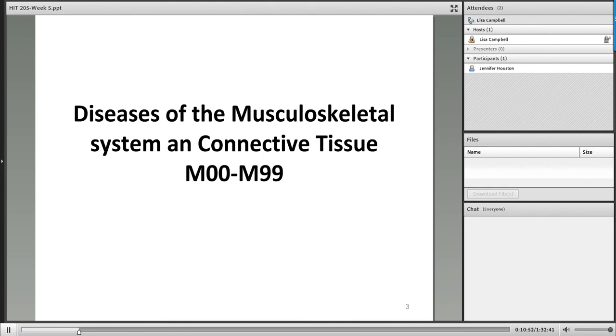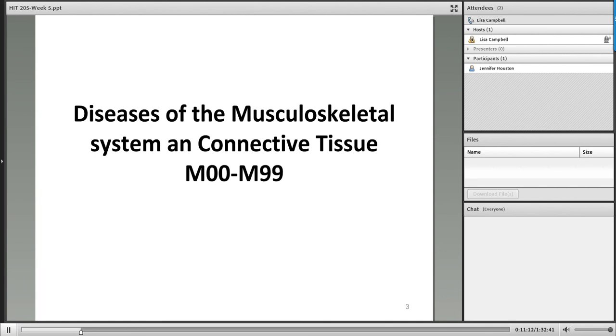What I want to point out right now, and I'm going to remind you of this later, is that in the letter S, which is not our chapter for this week, those codes have injuries, fractures that are traumatic in nature.